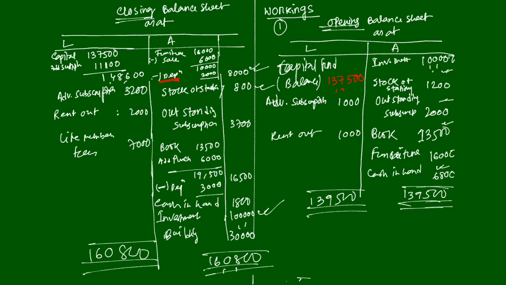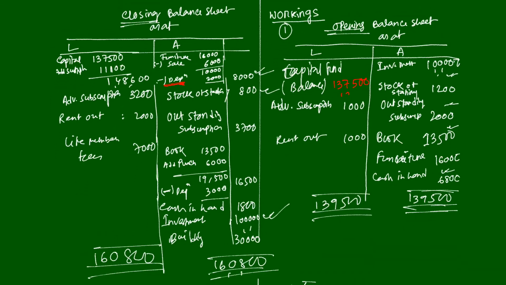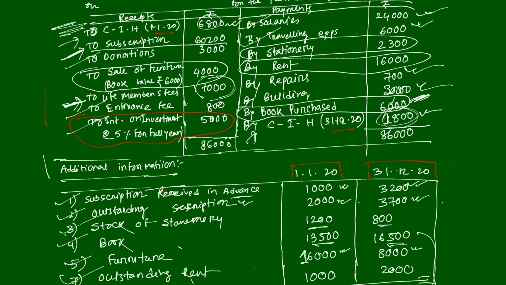Okay, we completed that question. Carefully you see this question. This is a very tough question. If you see this question carefully, then you can calculate each and every piece of information in an easy way.